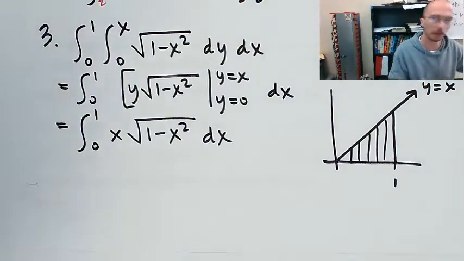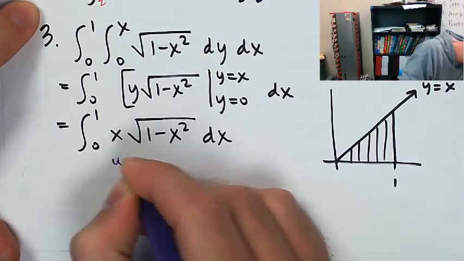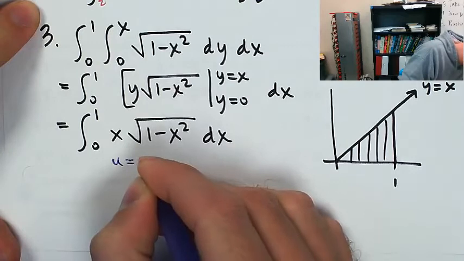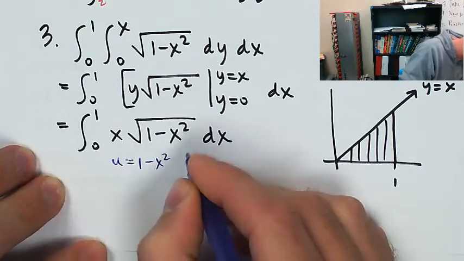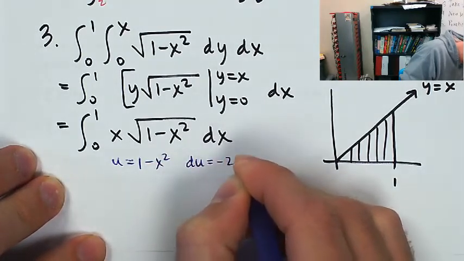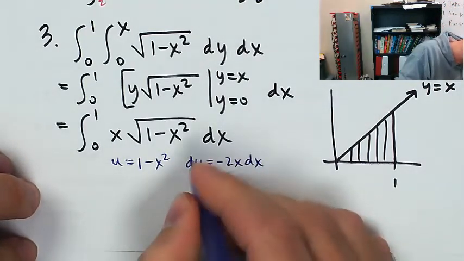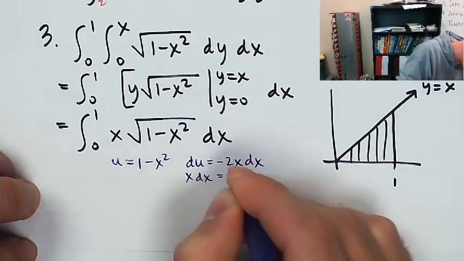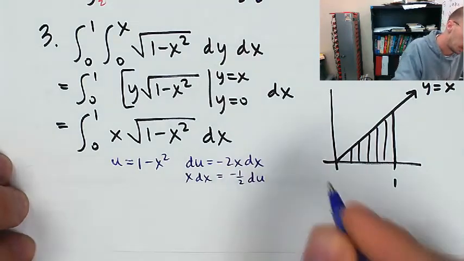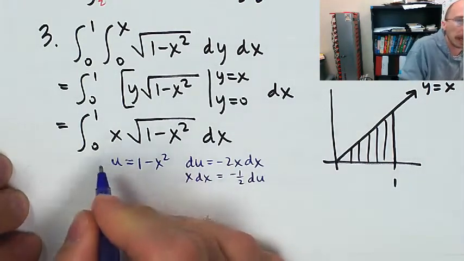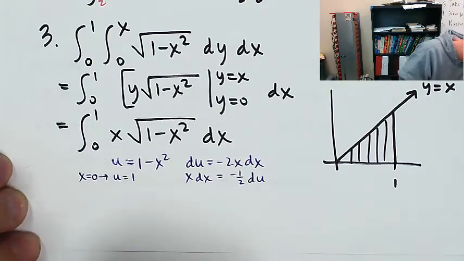This one's pretty nicely set up for a u du. So I'm going to let u equal 1 minus x squared, meaning that du is negative 2x dx. Now, I don't have negative 2x dx, I just have x dx. So x dx, I'd be dividing both sides by that negative 2, so that's negative half of du. Now I need to convert some bounds. When x equals 0, that gives me u equals 1 minus 0, which is 1.